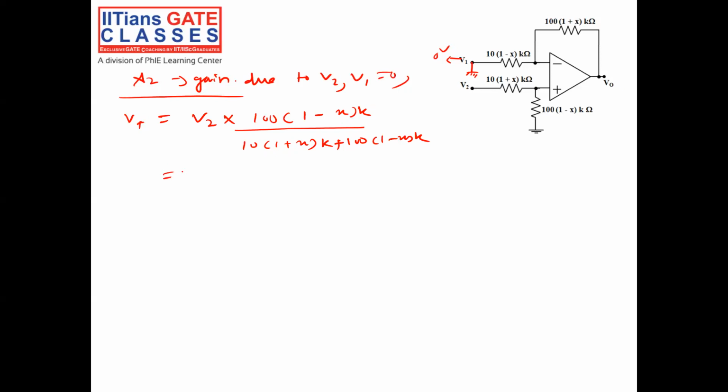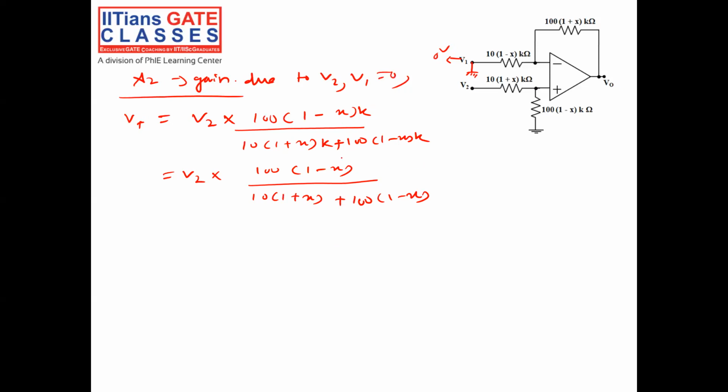So I got V2 into 100 into (1 minus x) divided by 10 into (1 plus x) plus 100 into (1 minus x). This is my V plus.